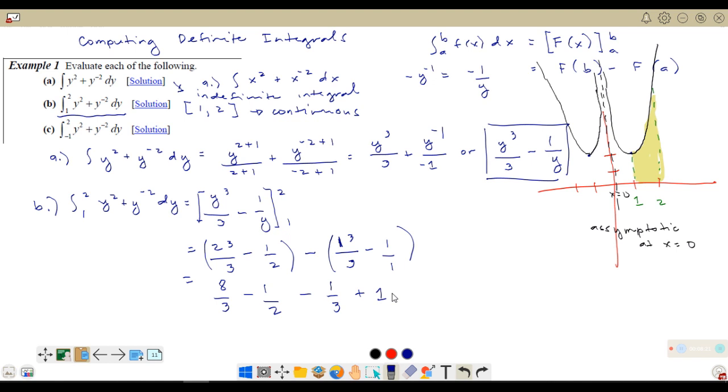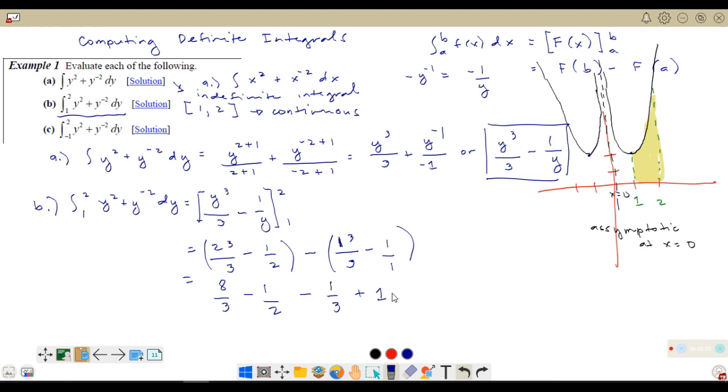Ayoko na mag-solve paisa-isa. So, 8 over 3 minus 1 half minus 1/3 plus 1.